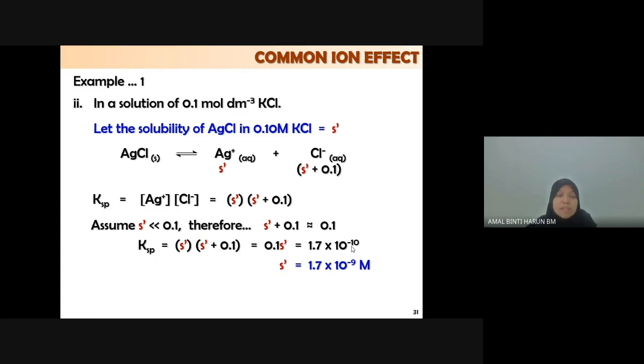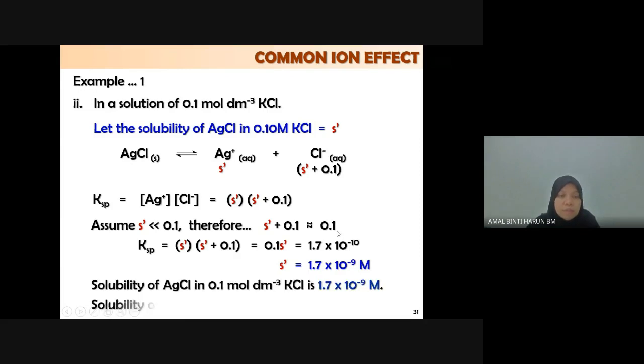So, kita boleh assume S plus 0.1 menghampiri 0.1 molar. So finally, we will get the S prime is 1.7 exponent negative 9. S prime tadi kita assume dia sebagai apa? Solubility of silver chloride. Okay. Sekarang 1.7 exponent negative 9.